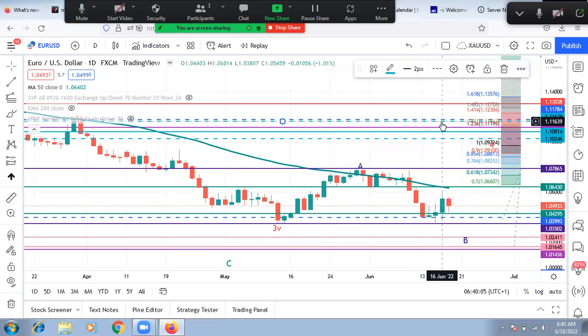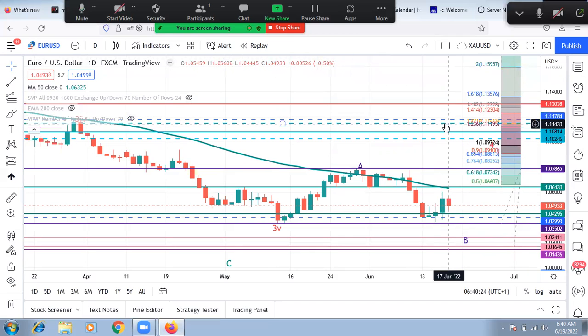So 123 in that case will fall on this purple line here. Let me take this purple line away. It will now fall on that purple line.